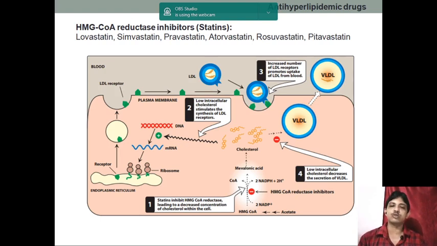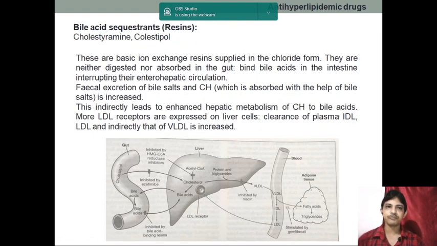That leads to a decreased concentration of cholesterol inside the cell, because this is one of the major steps in cholesterol biosynthesis. If we stop that process, of course the cholesterol level will be reduced. So this is the mechanism of action of HMG-CoA reductase inhibitors.